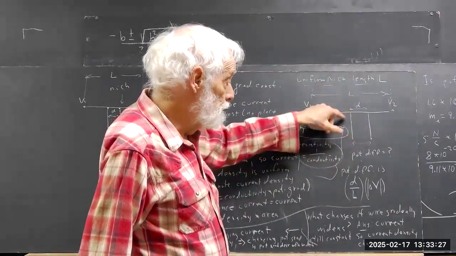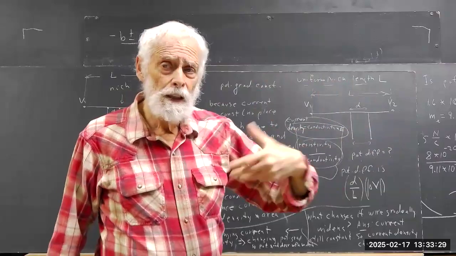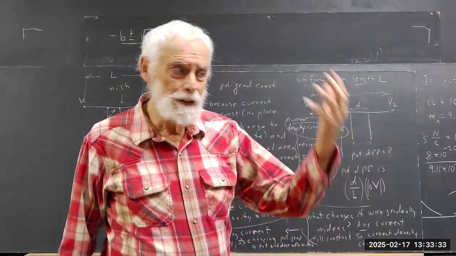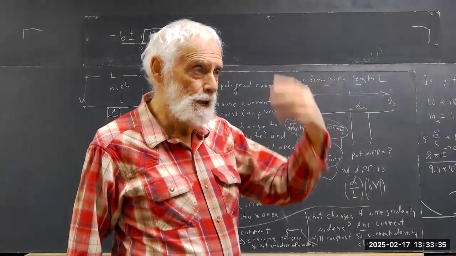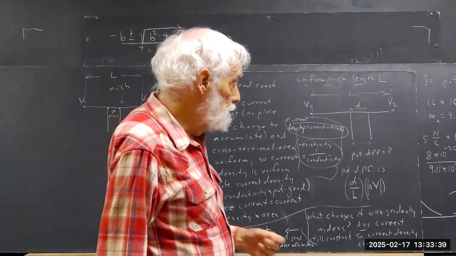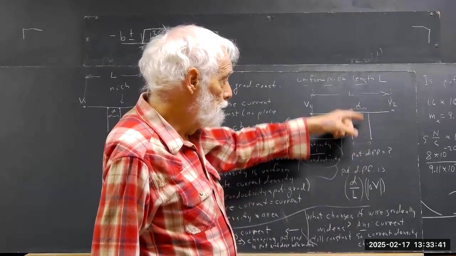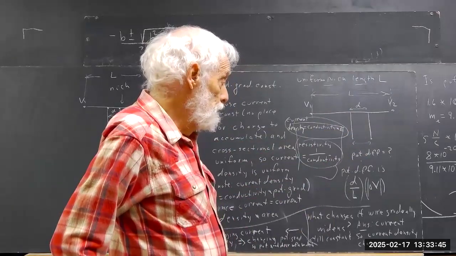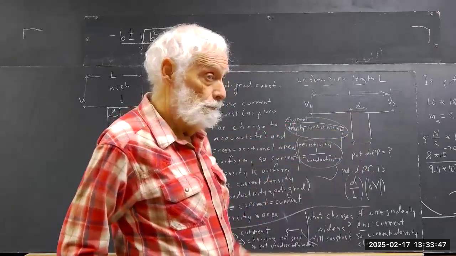And we assume this is a conducting wire of essentially infinite or near infinite conductivity, so that there's no potential loss, even if there's a current flowing in this wire. Now, there isn't at this point because there's no place for it to go.